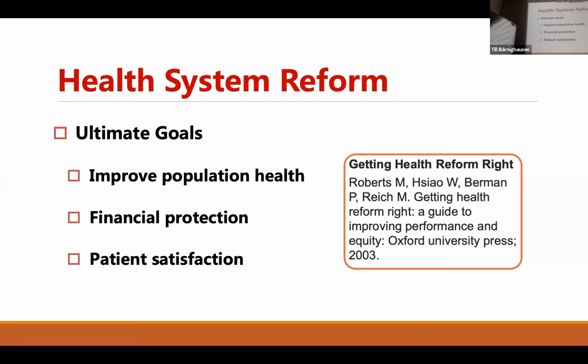All the other goals are not ultimate goals, but intermediate goals. And we care not only about the average population health, but also the distribution of population health, to show equity.